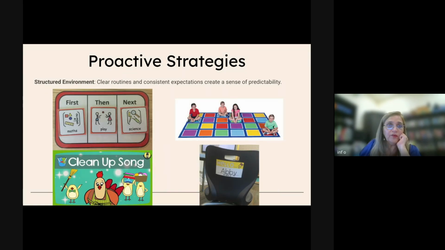Again, when we talk about creating clear routines and consistent expectations, what students with different needs and abilities crave is, all of them, or rather most of them, want to know what's coming next. They don't like surprises.